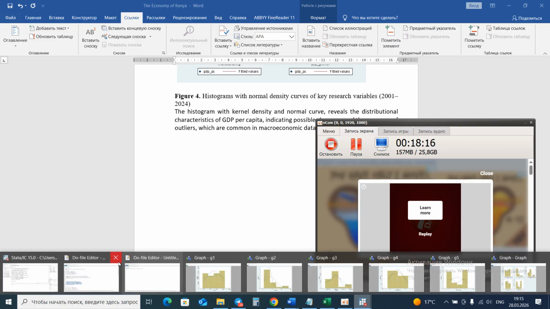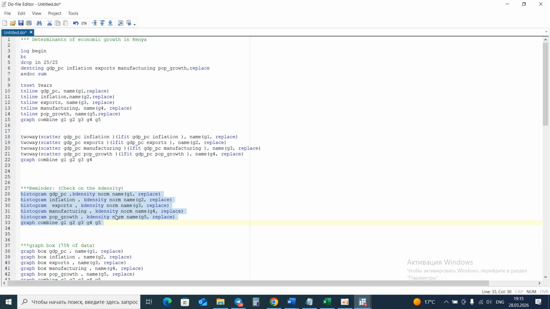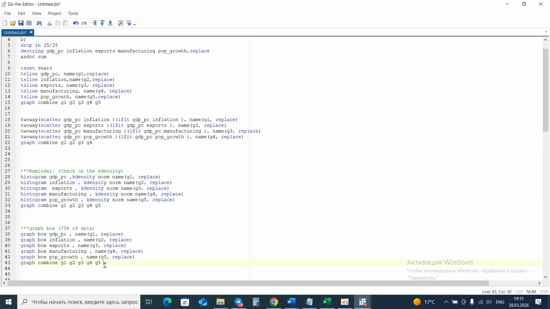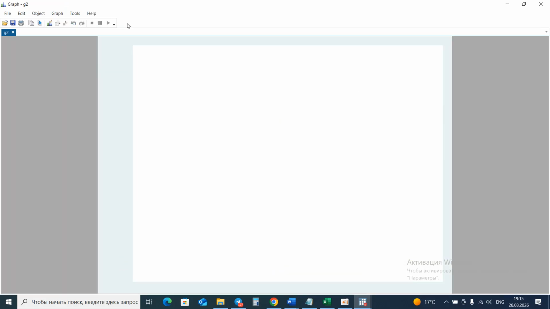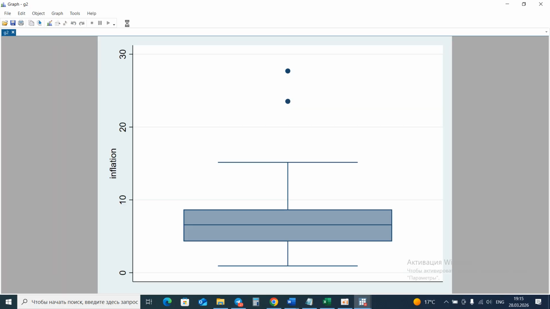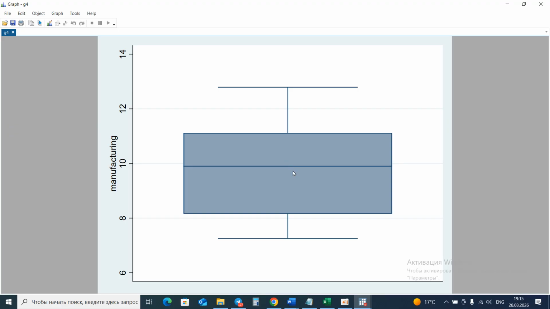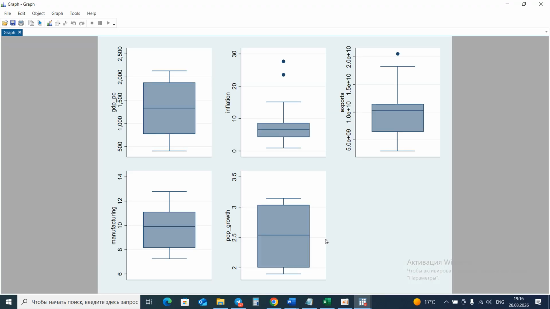So we are gonna give the next command, that is graph box.